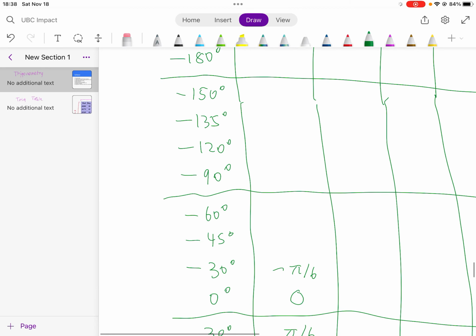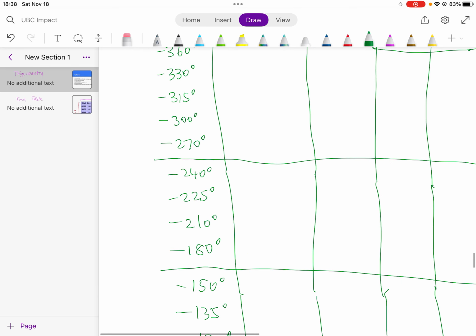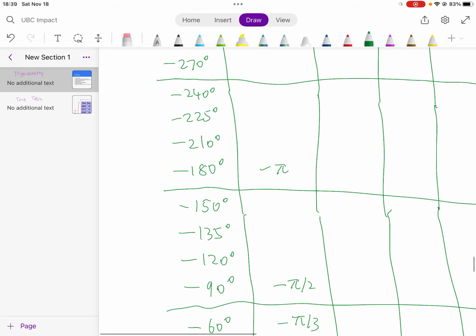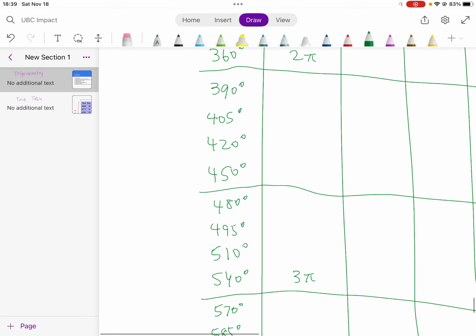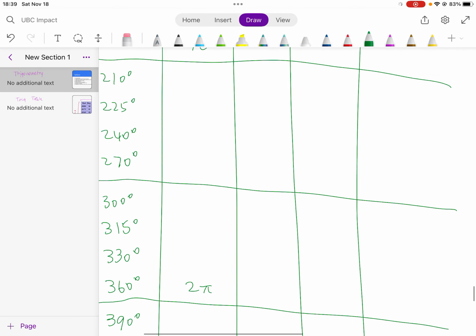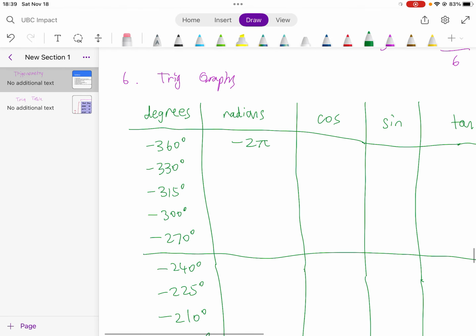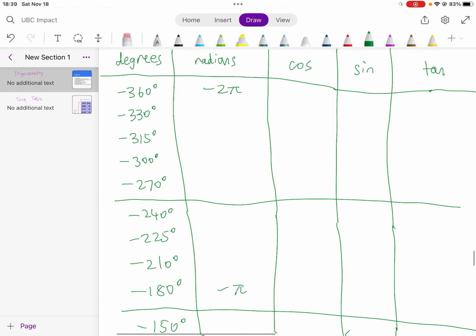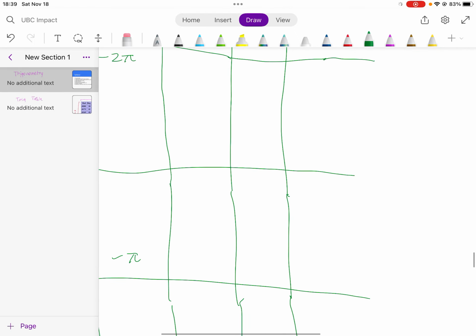And similarly, you can go to the negative side, which means this is negative pi over 4, this is negative pi over 3, this is negative pi over 2, this is negative pi, this is negative 2 pi. So copy the table and try to fill this out. It will be very good practice, but I'm not going to fill out the remaining part of the table. We're going to start talking about the cosine and sine now. And the tangent, of course.